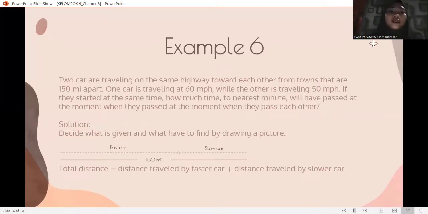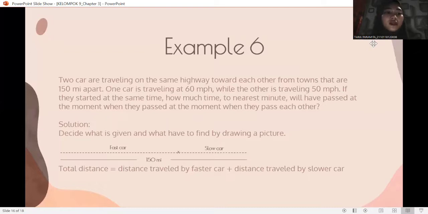Two cars are traveling on the same highway toward each other from towns that are 150 miles apart. One car is traveling at 60 mph, while the other is traveling at 50 mph.